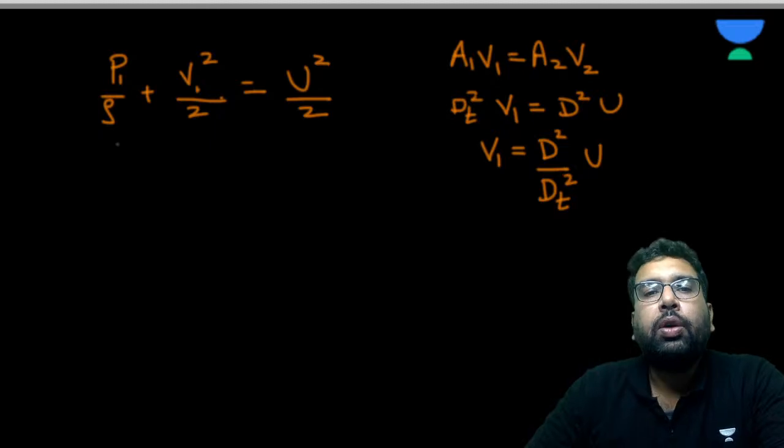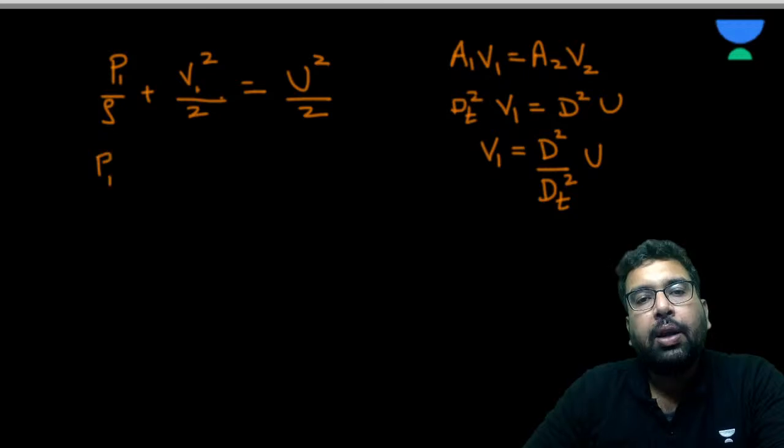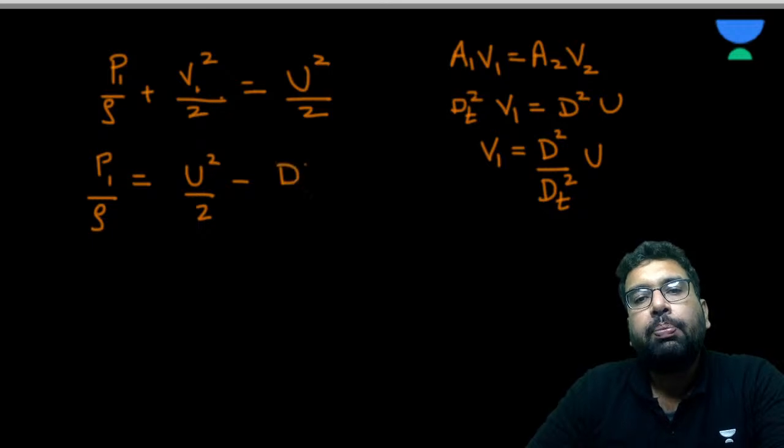So now we can place this here. We'll have P1 by rho equal to U square by 2 minus, putting the value of V1 here, d to the power 4 upon dt to the power 4 U square, right?